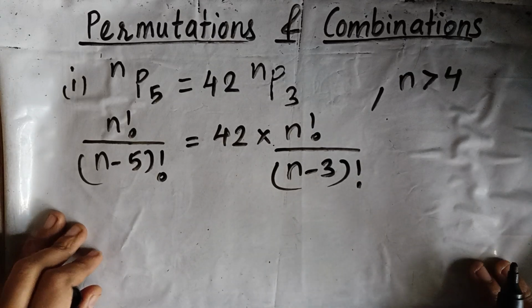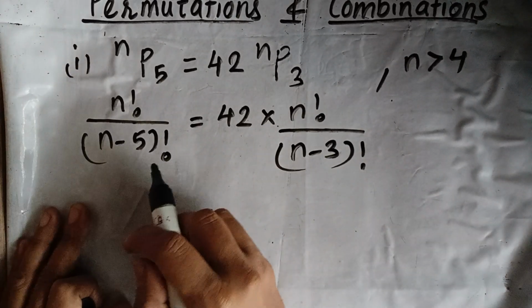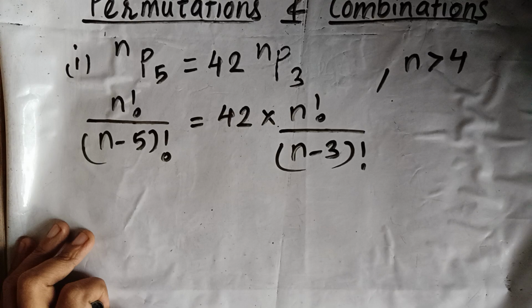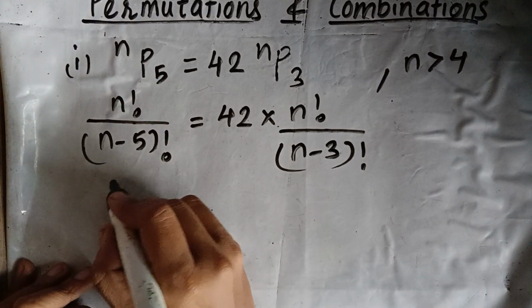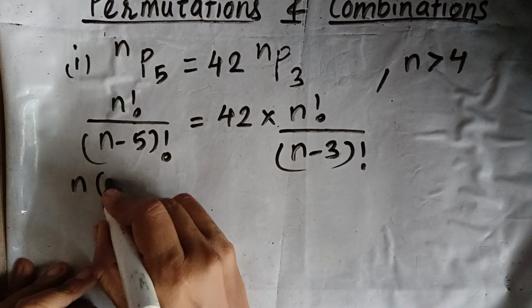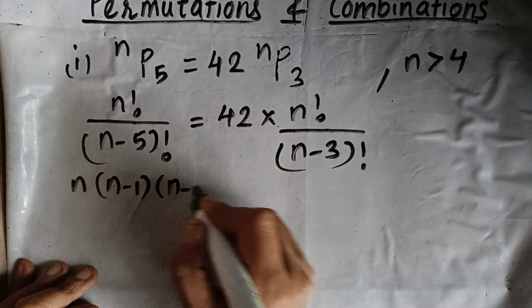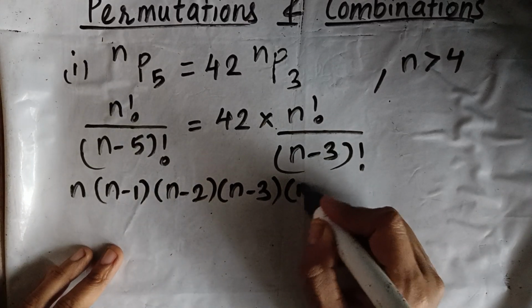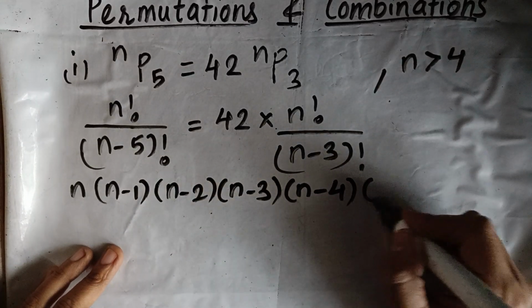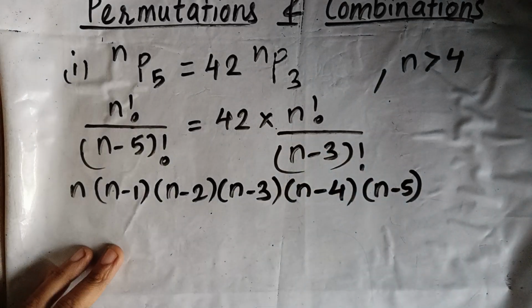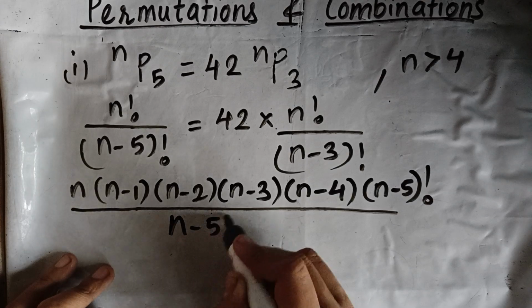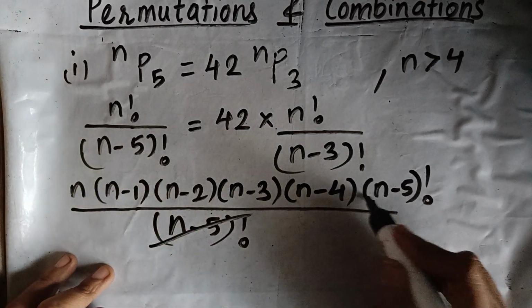Then we can expand this, that is n into n minus 1, n minus 2, n minus 3, n minus 4, and lastly n minus 5 factorial upon n minus 5 factorial. This and this you can cancel.